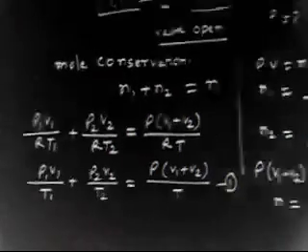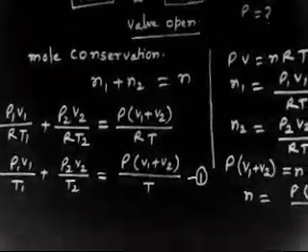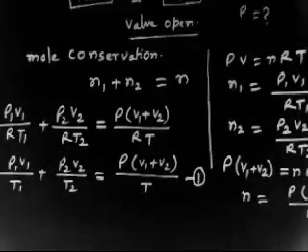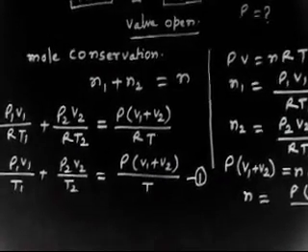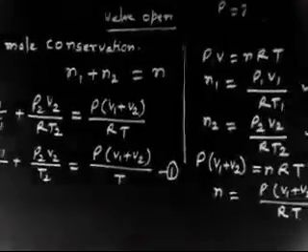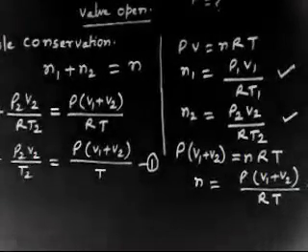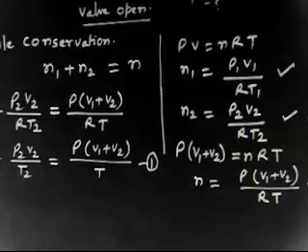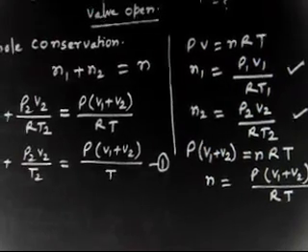Can you think? Can anybody tell me from where I can get the second equation? Now the second equation we will get from internal energy conservation. That is, the initial total internal energy has to be the final total internal energy.